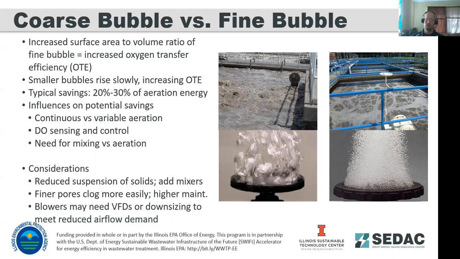With centrifugal blowers, typically you've got a minimum turn down that's limited by pressure requirements in the system and heat dissipation requirements. With positive displacement blowers, typically you can get a little bit more turn down, so they're maybe not as prone to this issue as centrifugal systems, but it is something to be aware of, especially with large aeration systems.